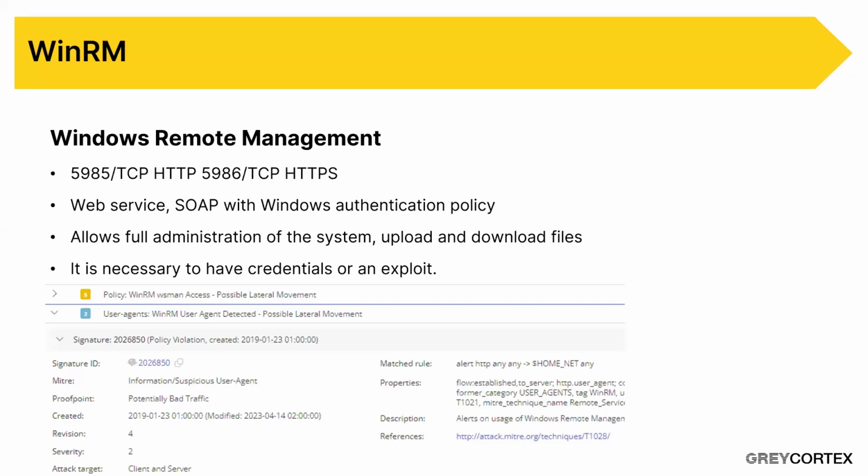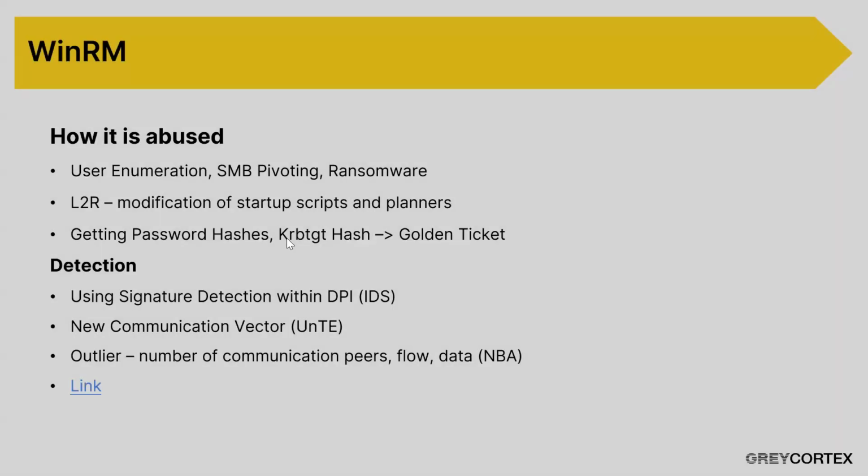So what we can do here is, for example, use SMB pivoting, which means we use SMB as a kind of proxy to go into the network. We can look for user information and that kind of thing, and we can put some ransomware there.